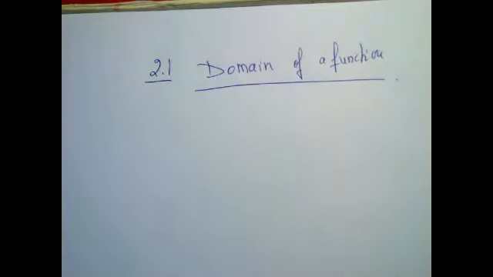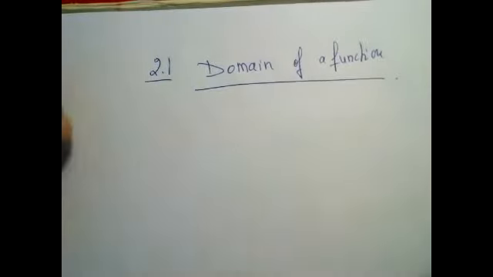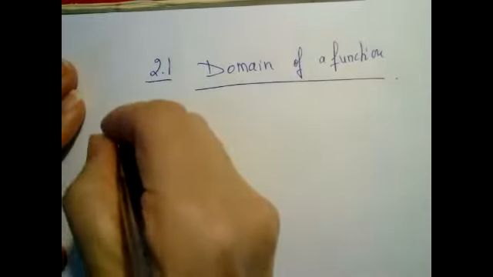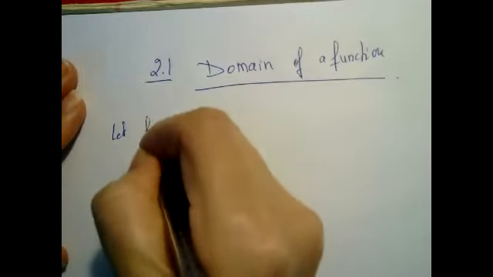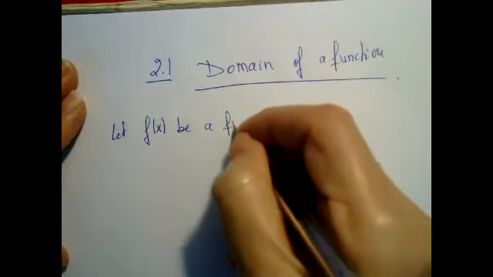All right, so suppose you have a function. It means we have a rule. You give it an input, it gives you something, an output. And as the input changes, the output changes as well. Let f of x be a function.